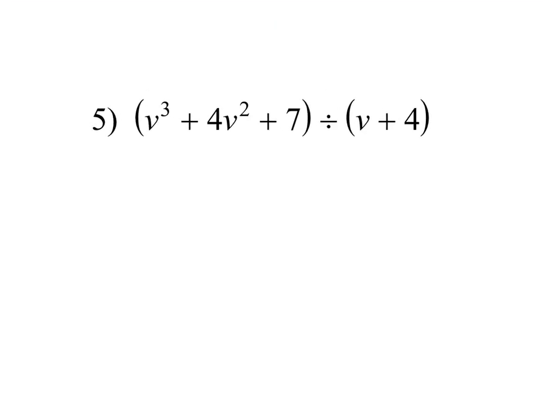Number 5. What goes on the outside? x plus 4. I'm just going to change them all to x's again. So x plus 4 on the outside. Now, before we write our polynomial on the inside, we have to make sure all of our terms are represented.